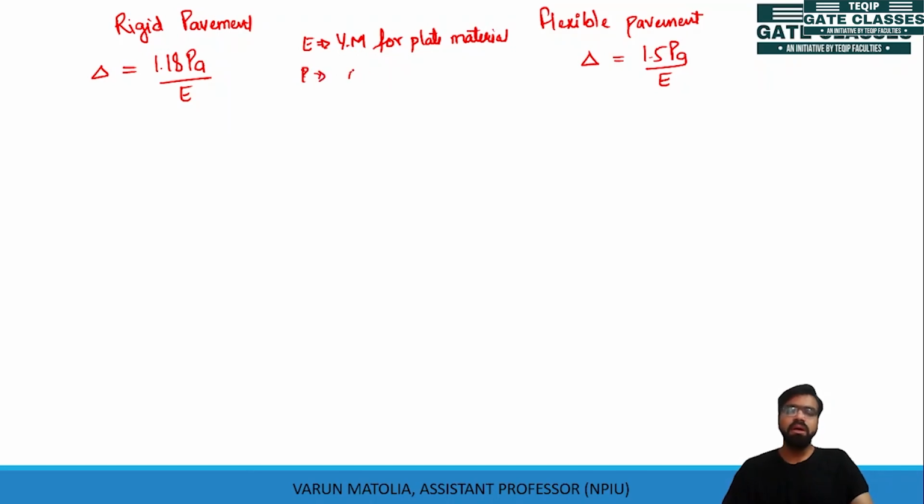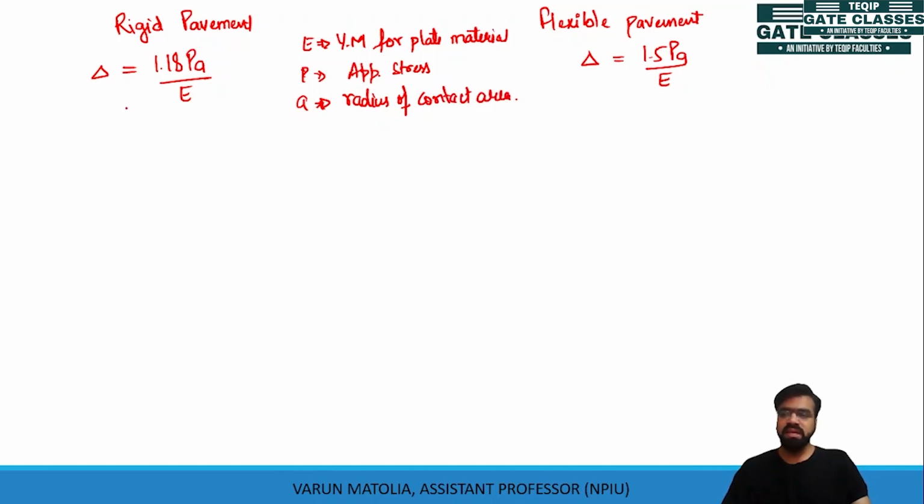P is the applied stress, the P which we have already seen. A is the radius of contact area.